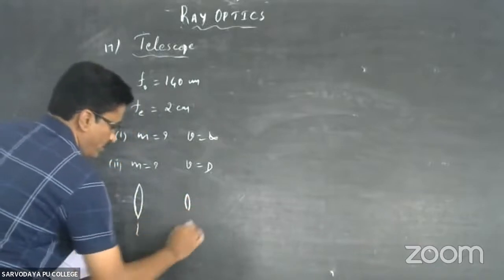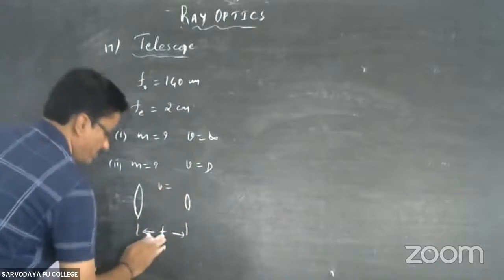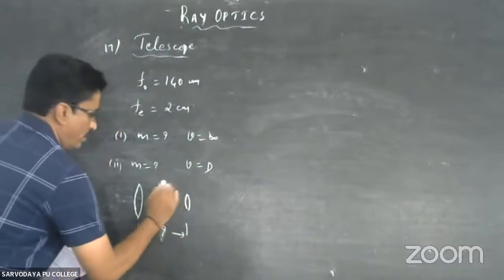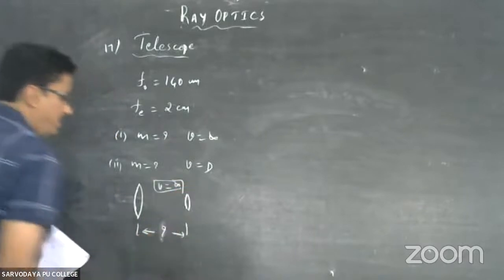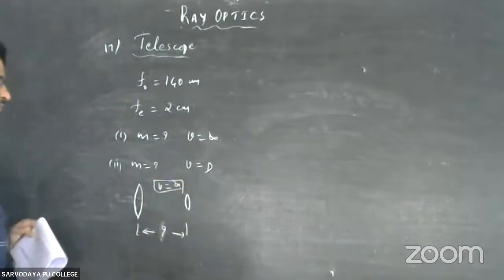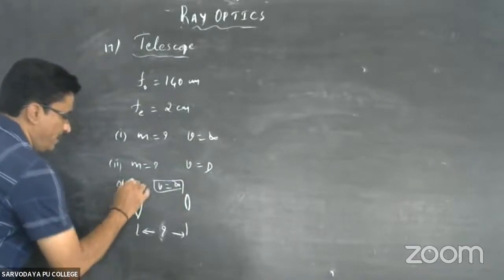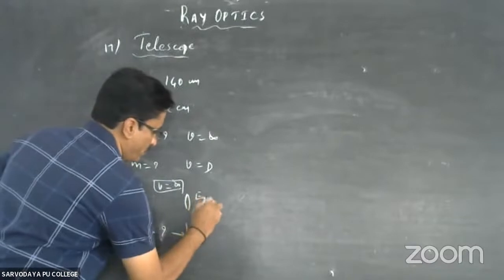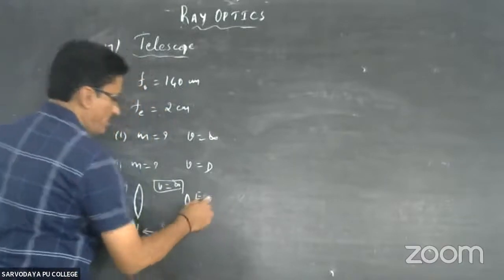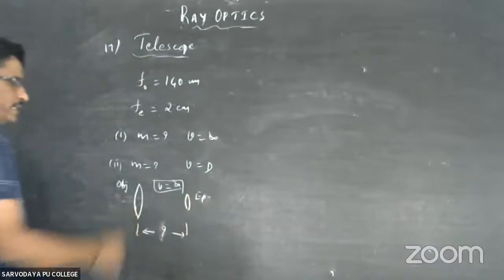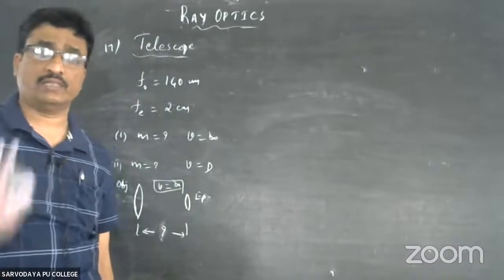What will be the separation between the objective lens and the eyepiece?